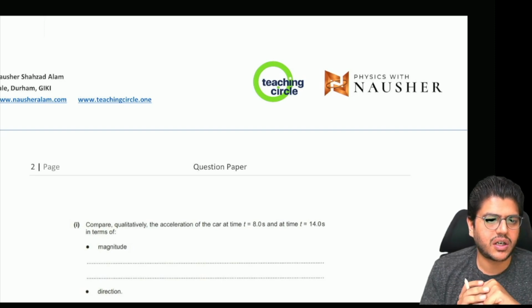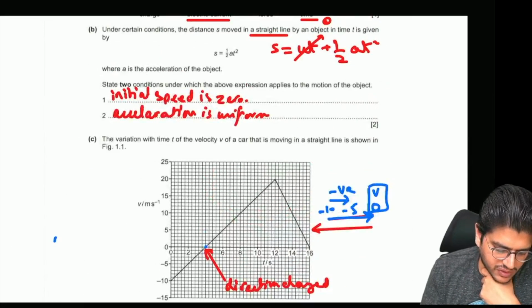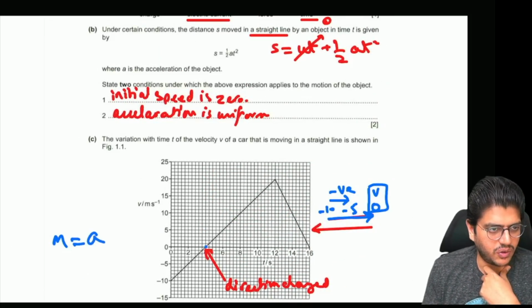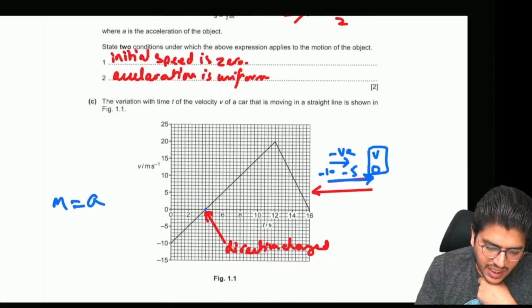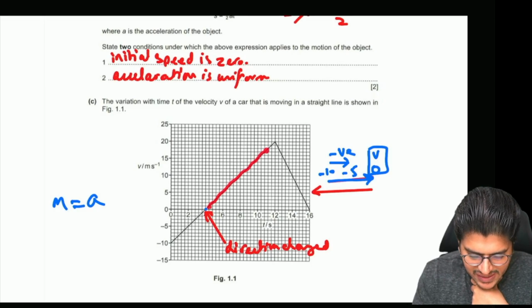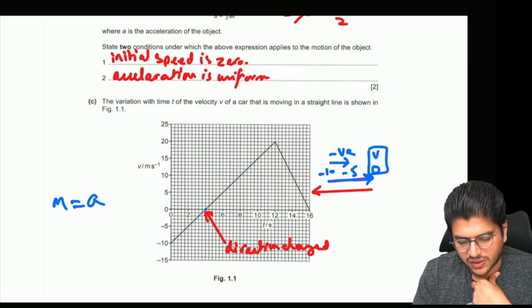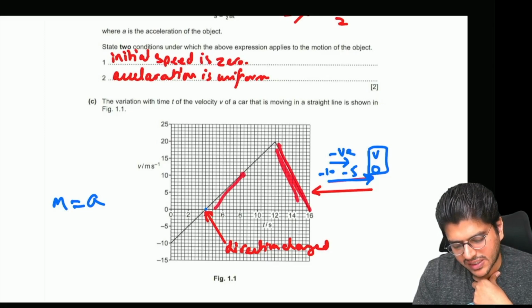The acceleration of the car at t equals 8 and at t equals 14. Now you know that the gradient of this graph gives you acceleration because it's a velocity time graph. And can you notice that the gradient is less steep over here and it's more steep over here? 14 seconds means this part, 8 seconds means this part. So can you see that this is steeper and this is less steep?